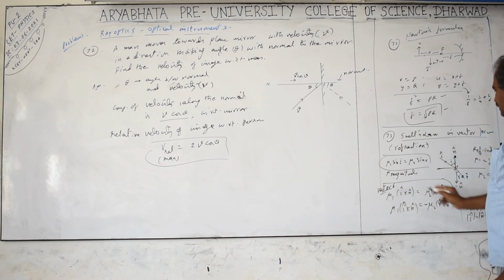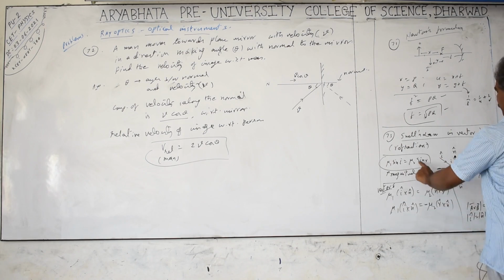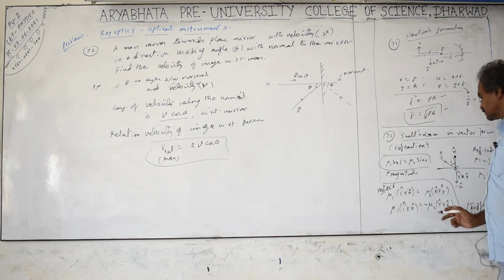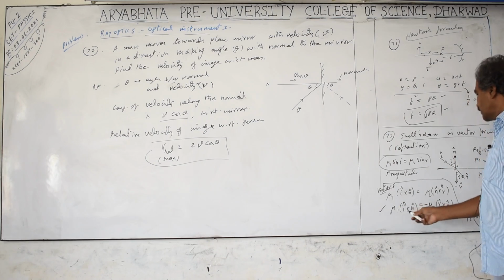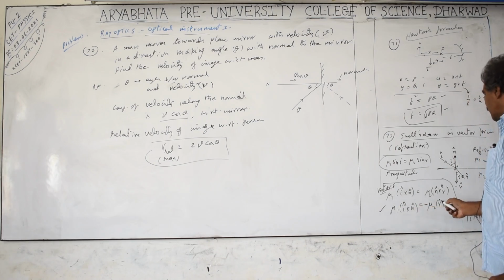This is equal to mu2 into r cross n, but the normal we are taking is minus n. This is the relation I am telling: mu1 into i cross n equal to mu2 into r cross minus n cap. Minus is taken outside, minus n cap.